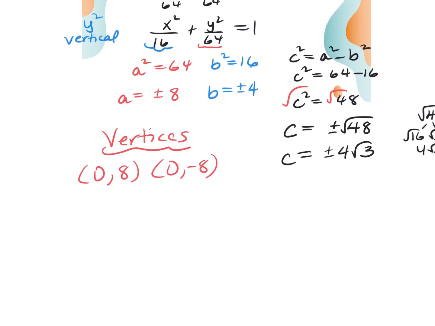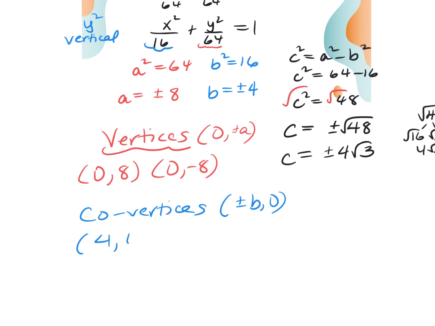My covertices, I take the b value. So for the vertices, it's going to be 0, plus or minus a. That's how I'm getting these. Covertices are plus or minus b, 0, because b squared's under x. So then now I'm going to put (positive 4, 0) and (negative 4, 0).